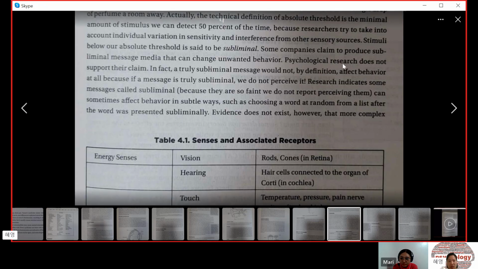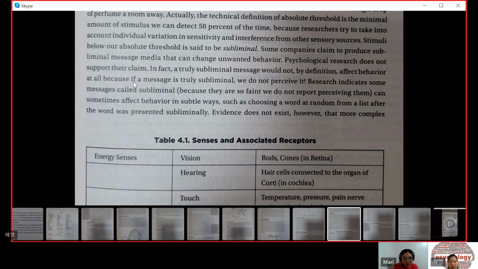Psychological research does not support their claim. In fact, a truly subliminal message would not, by definition, affect behavior at all, because if a message is truly subliminal, we do not perceive it.